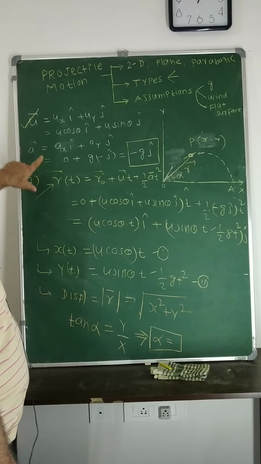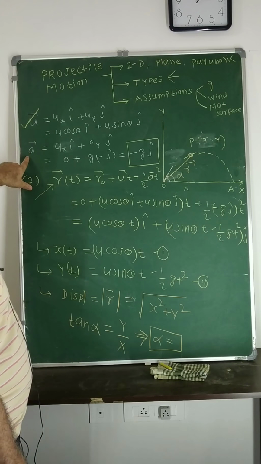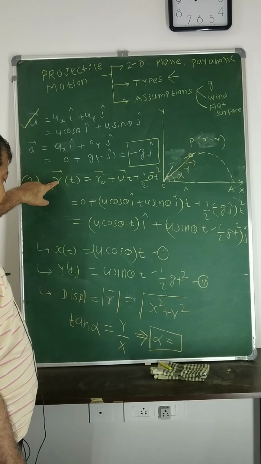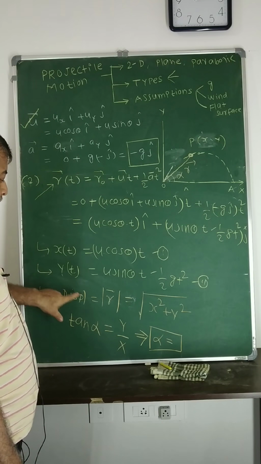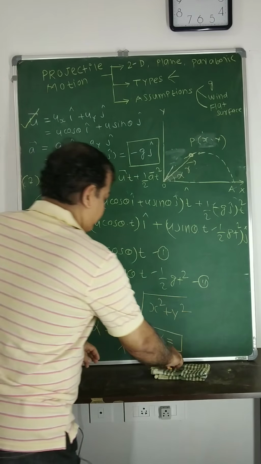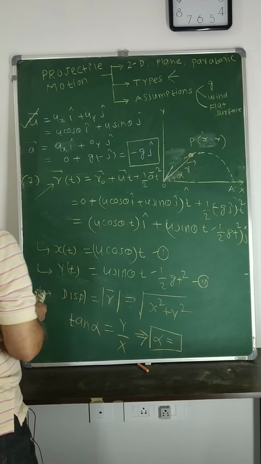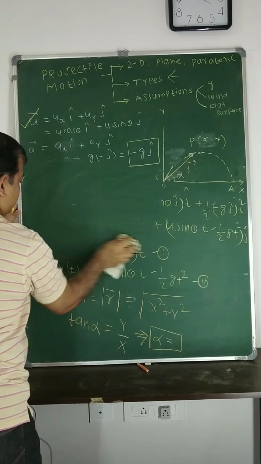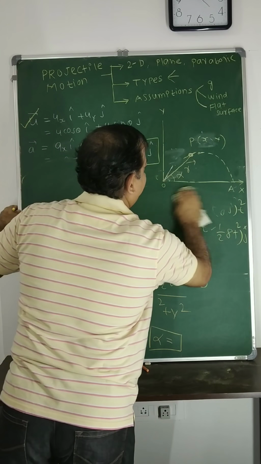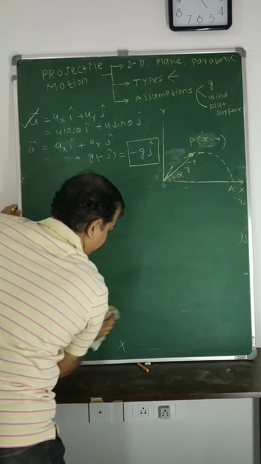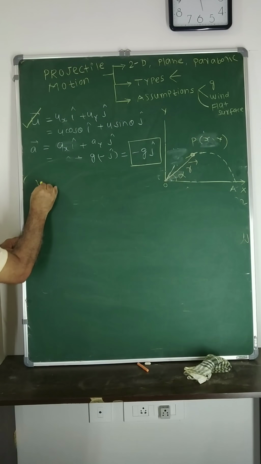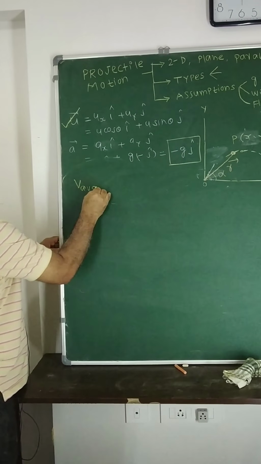So by knowing the initial velocity and acceleration, I can calculate the x coordinate, y coordinate, position vector, displacement and the direction. Another physical quantity related to this: if somebody says I am interested in calculating the average velocity of the projectile between 0 and t seconds. Remember, what is the meaning of average velocity?